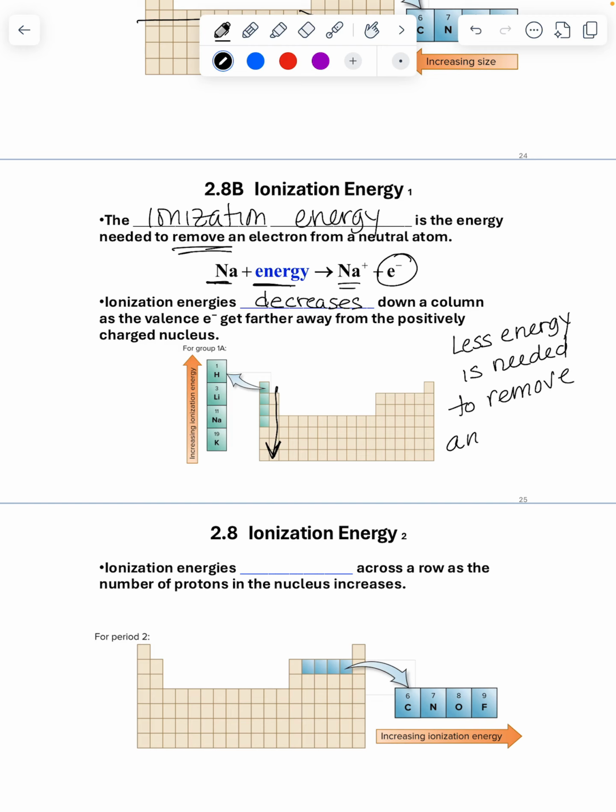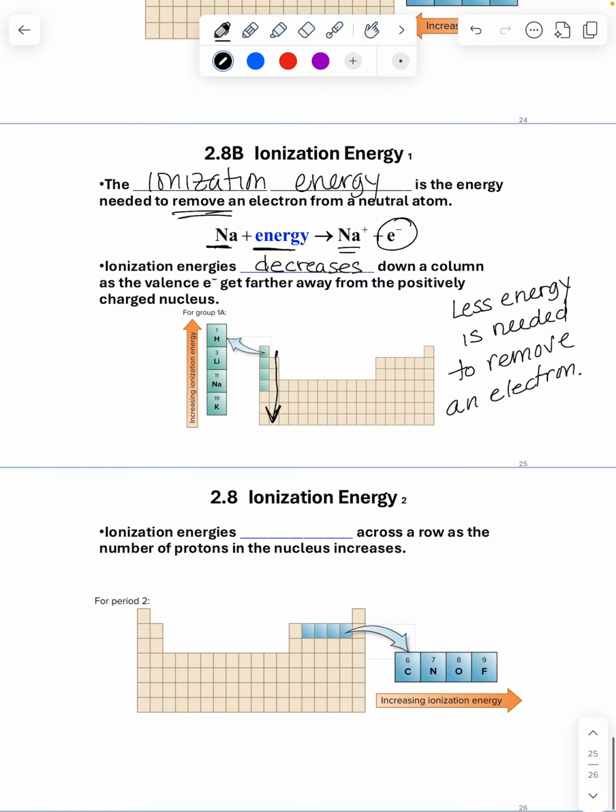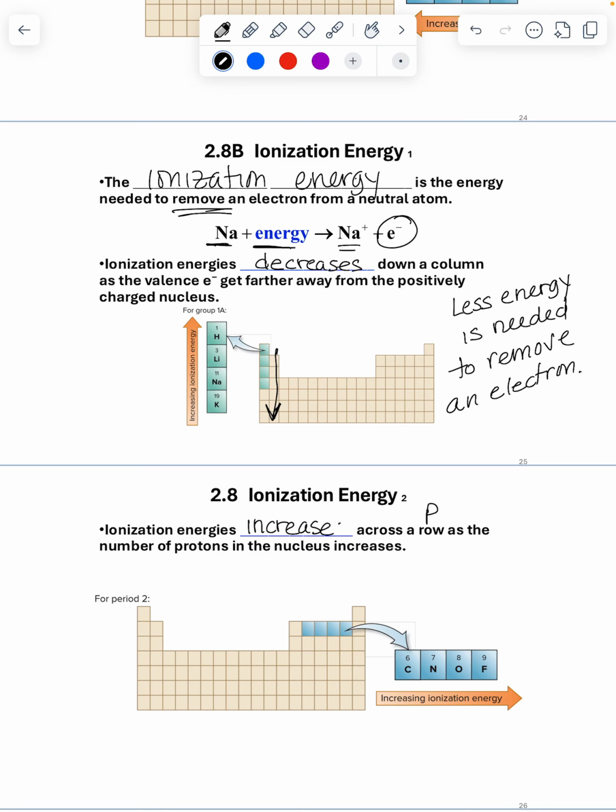And then lastly, as I look across the period, ionization energies increase across a period as the number of protons in the nucleus increases. So as I'm going across the period, it gets more difficult to remove the electron.